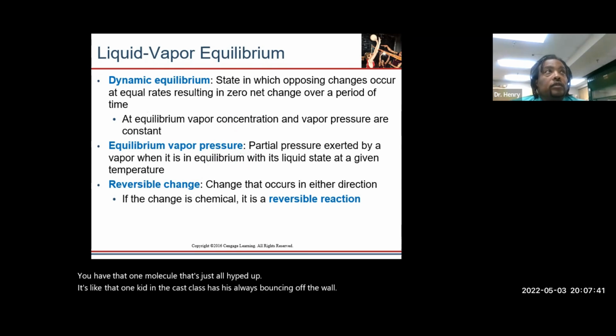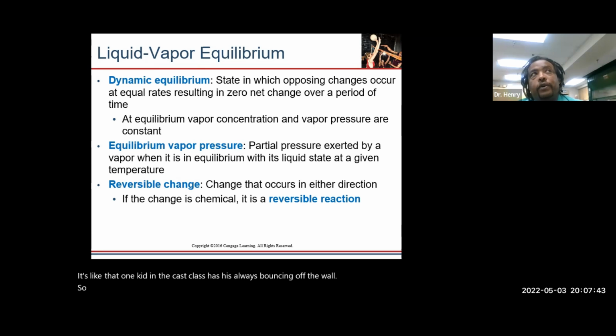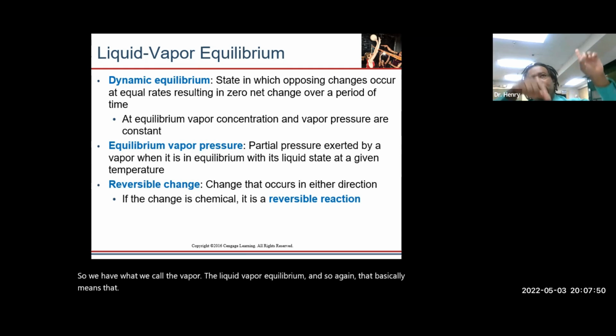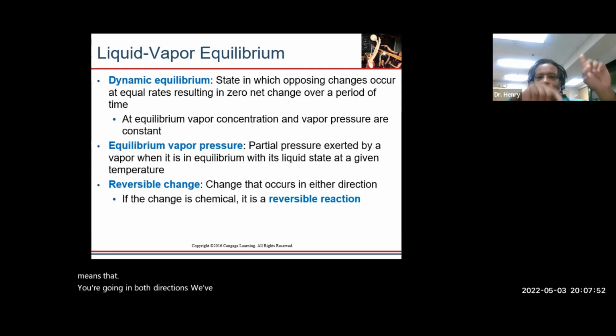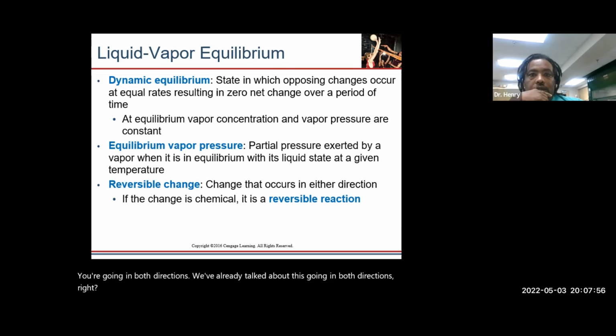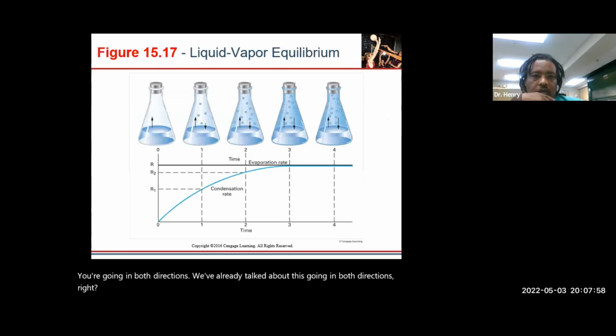Okay, so we have what we call the liquid-vapor equilibrium. So again, that basically means that you're going in both directions. We've already talked about this, going in both directions, right? And this is basically showing you that.